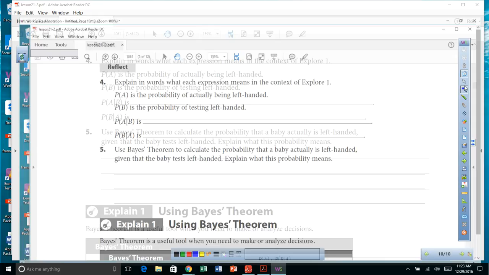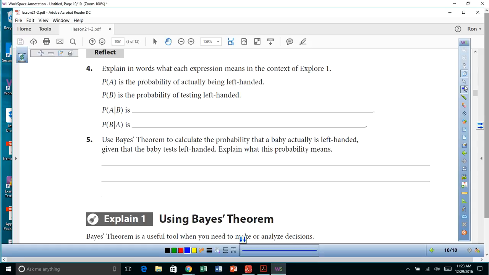Number 4, explain in words what each expression means in the context of Explore 1. Probability A is the probability of actually being left-handed. Probability B is the probability of testing left-handed.